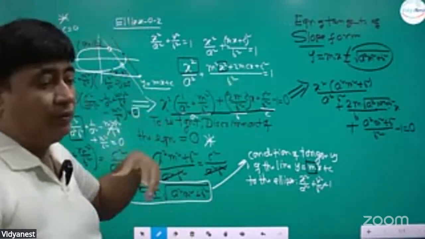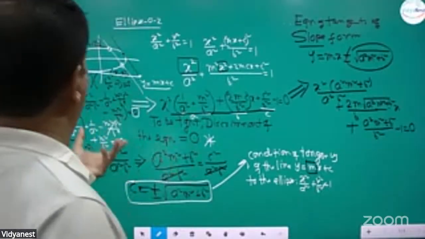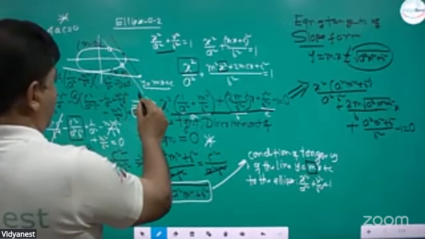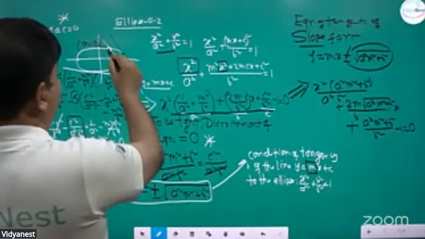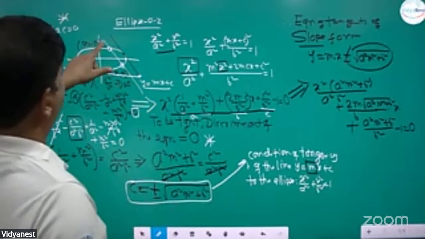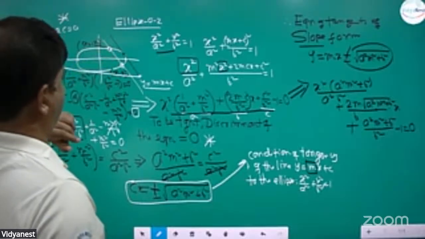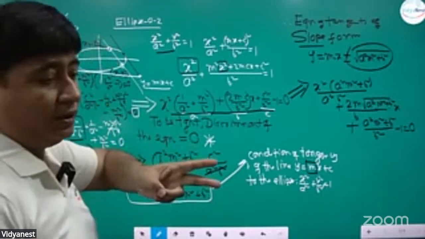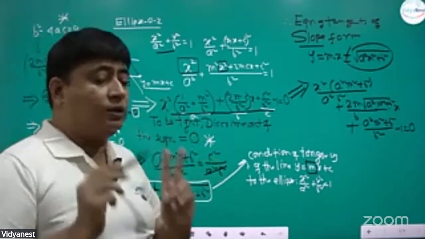So from where did I start? This is the equation of an ellipse. This is the equation of a chord. A chord meets the ellipse in 2 points. So 2 points means 2 roots will be there. By solving, we will get 2 roots.